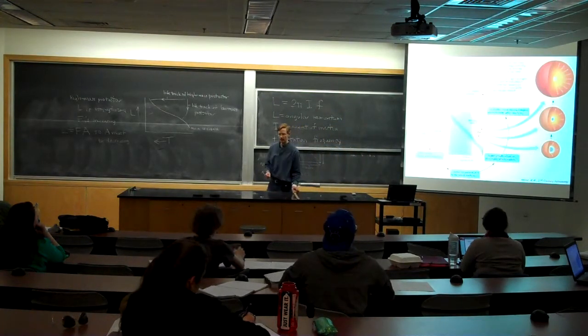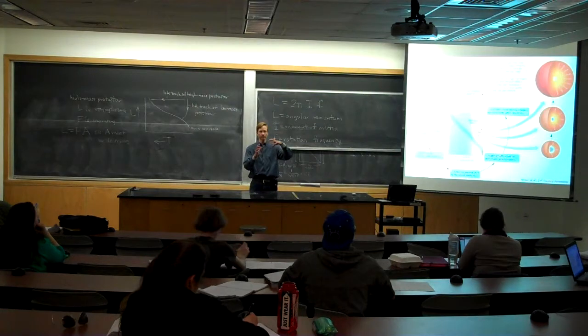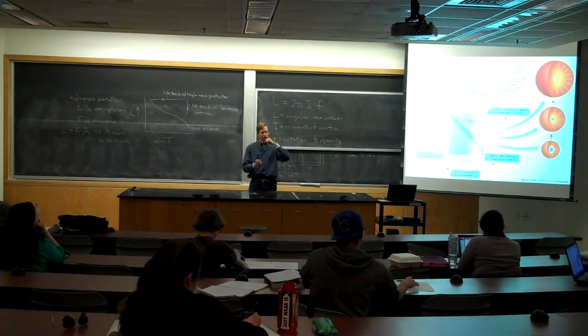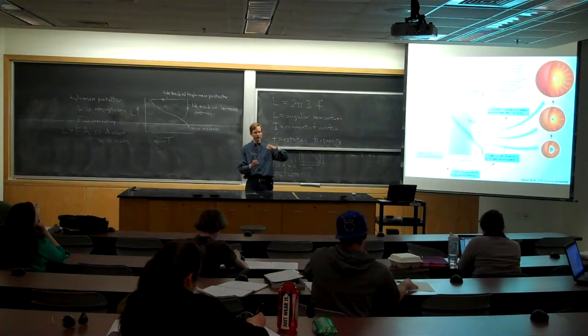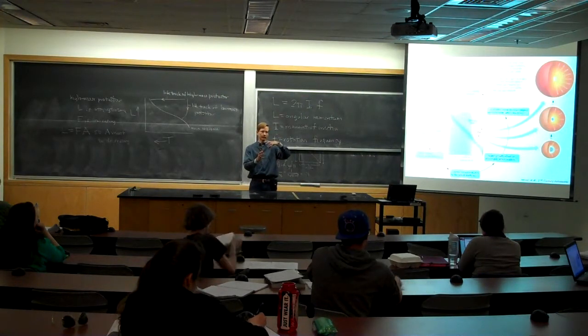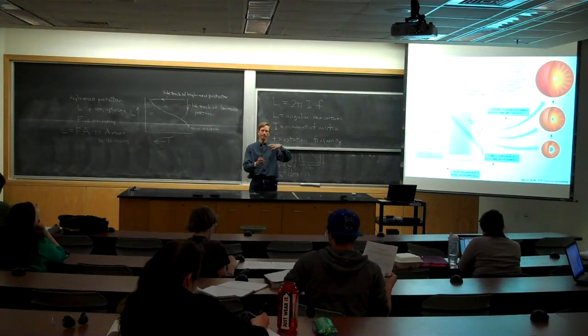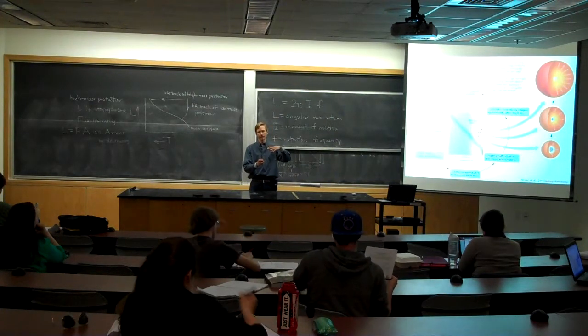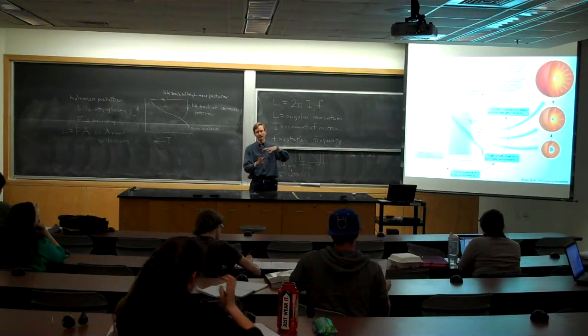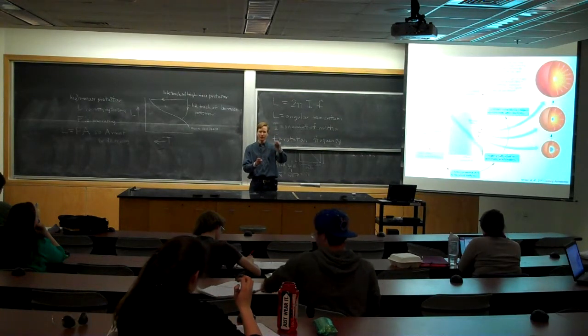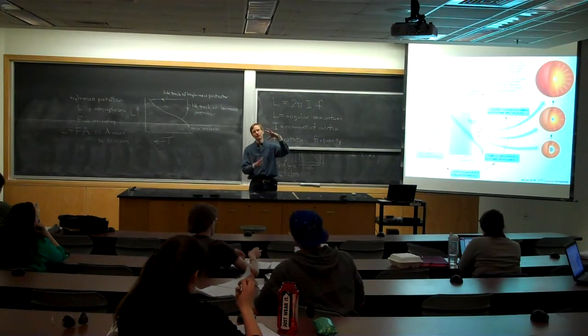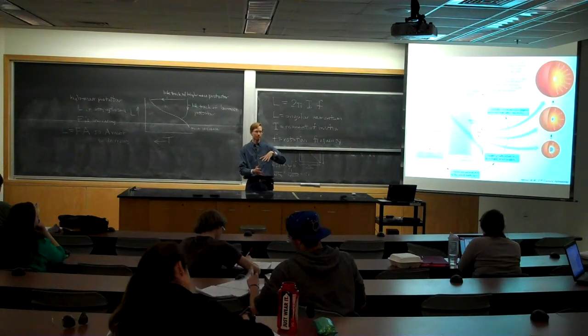when the core runs out of hydrogen and it's got helium left in it, but it's not hot enough to burn the helium yet, gravity is stronger in the core than pressure is, so the core shrinks. If the core shrinks, it converts energy into energy. It converts what kind of energy into what other kind of energy? Gravity energy, gravitational energy, into thermal energy.